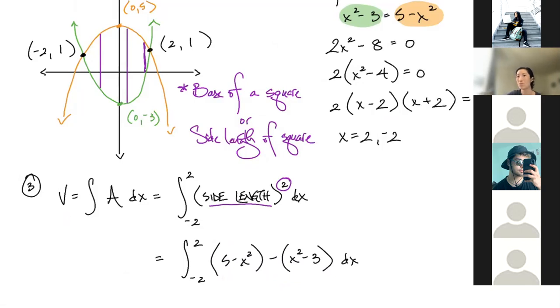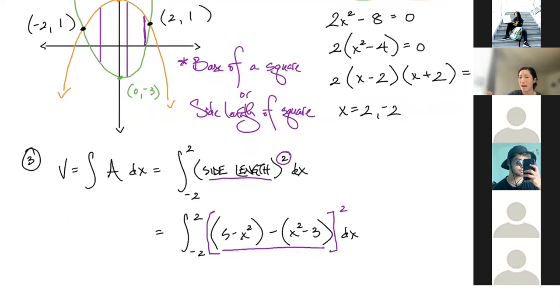So that same decision-making process is part of this. However, we have to match the area equation. So if it's side length squared and this is our side length, then we sure better take this and square it.